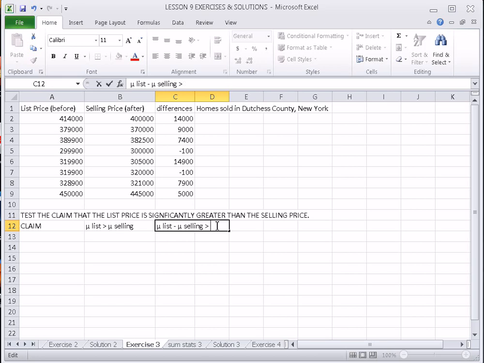Because notice it was a right-tailed test. It's still going to stay a right-tailed test. Mu of the list price greater than mu of the selling is the same thing as mu of the list minus mu of the selling greater than 0.